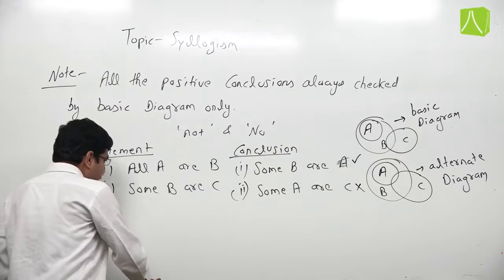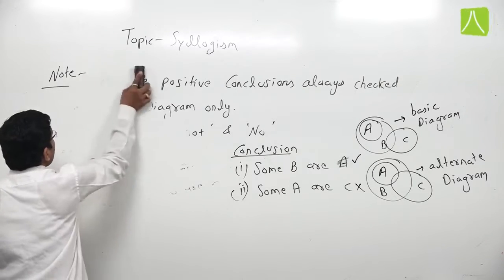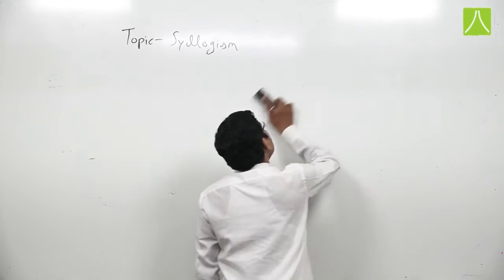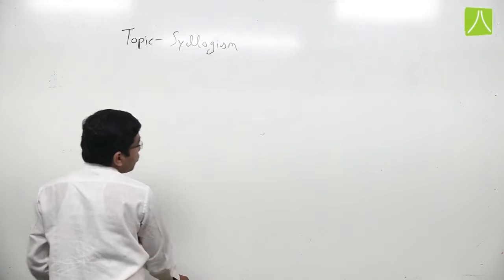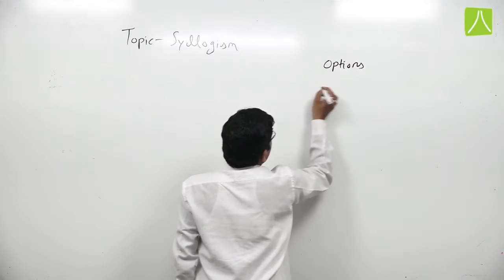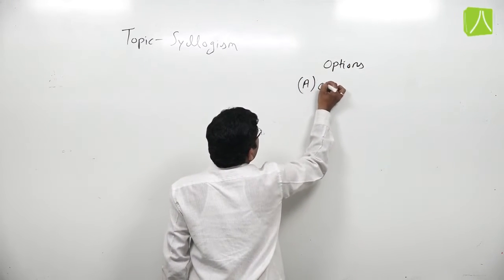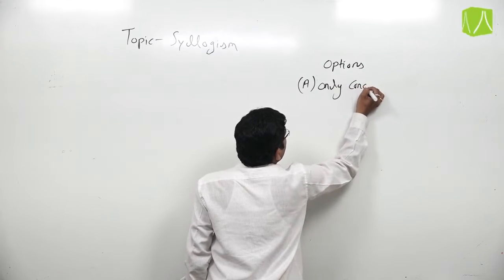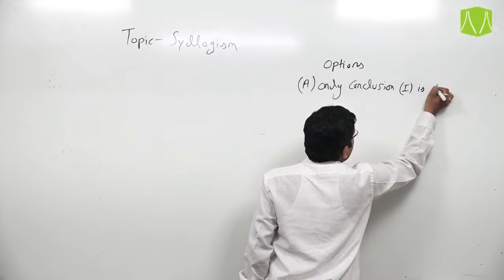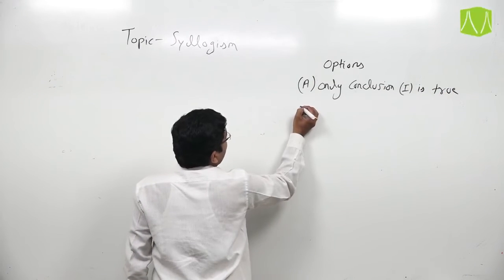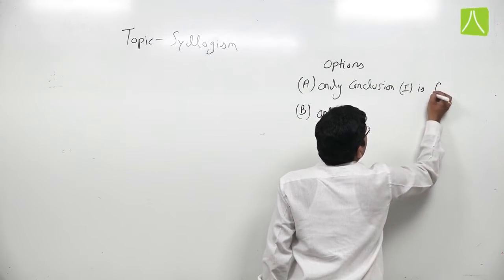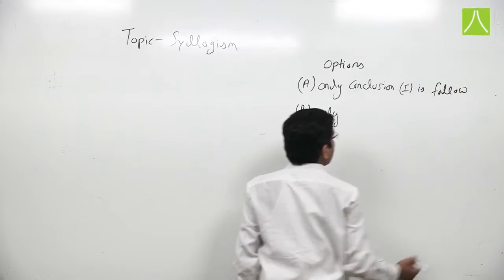Now one by one we take another examples. In this topic there are 4 types of options. I have written the 4 options here. Our A option is only conclusion 1 is true. Second, only conclusion 2 is true, or we can write follows also.